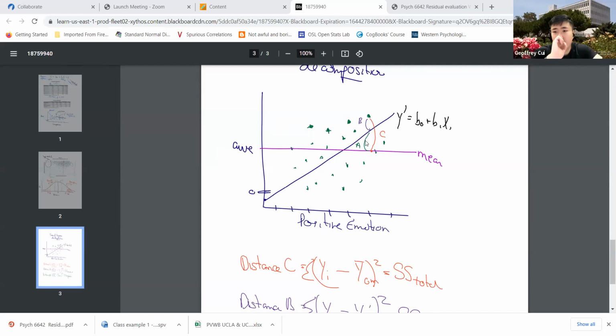So we want B to be small and A to be large. Absolutely. Thanks, Jim. Yes, we would like B to be small. We would like this person's score to be on the regression line, and we want to have a fantastic job of prediction. So we want the prediction line to be way different from the mean. Perfect. Thank you.